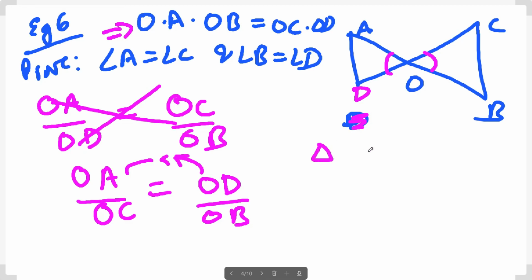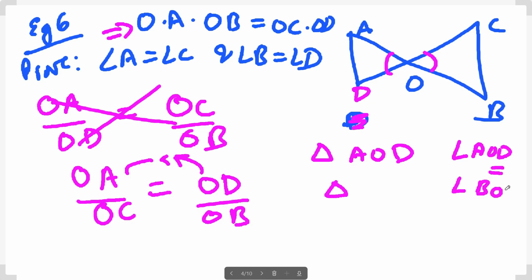So now in triangle AOD and triangle, now we know angle AOD is equal to angle BOC. We know this. So this has to be an SAS criterion similarity thing.